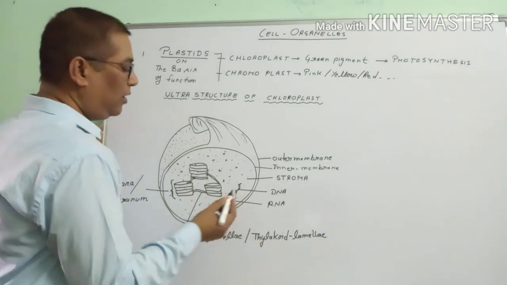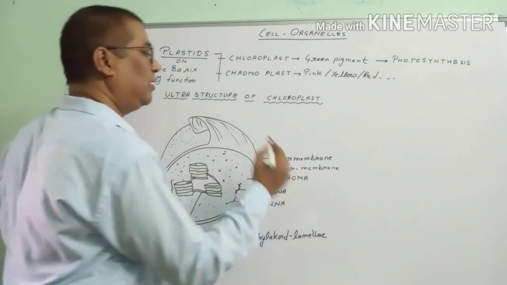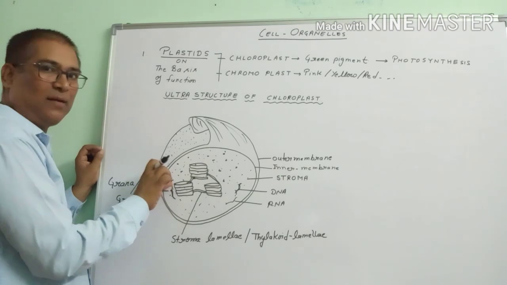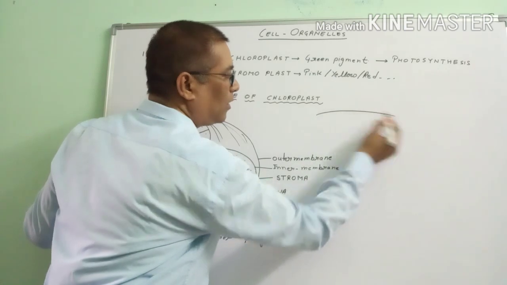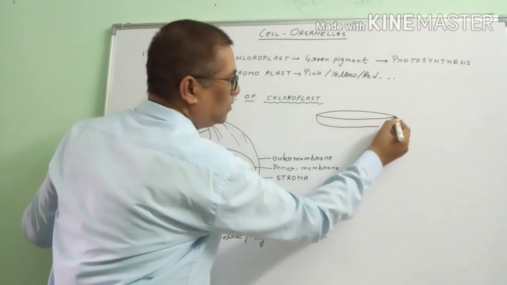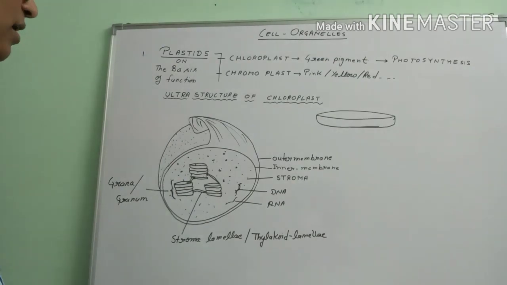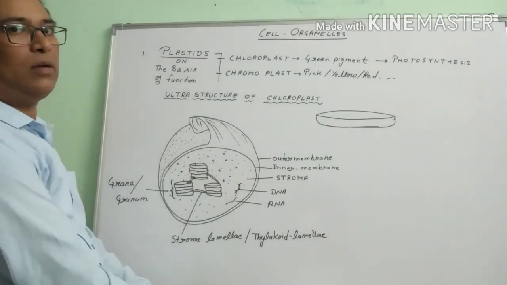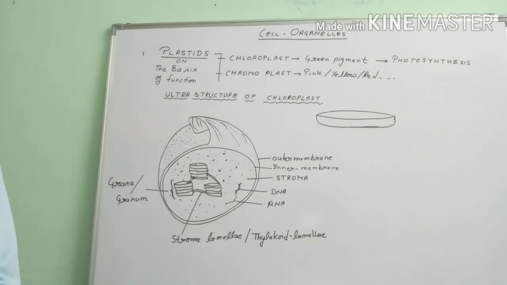A single part of this grana looks just like a coin. Now the number of these coins is about 70 to 80 in a single chloroplast.